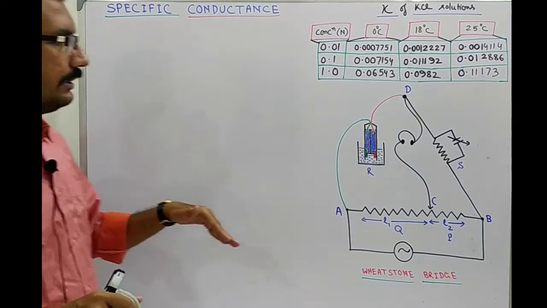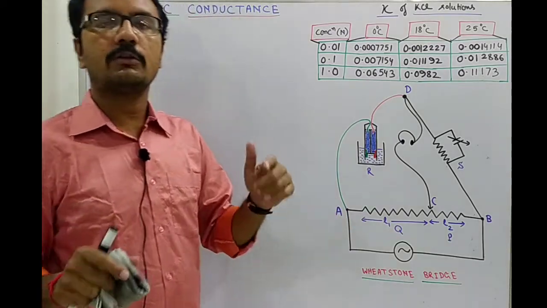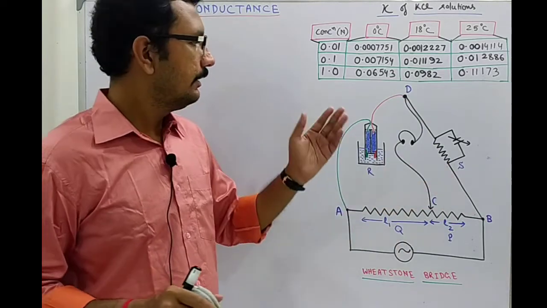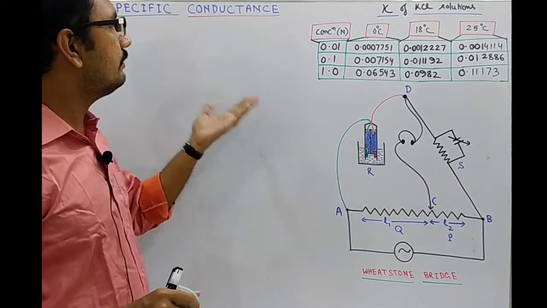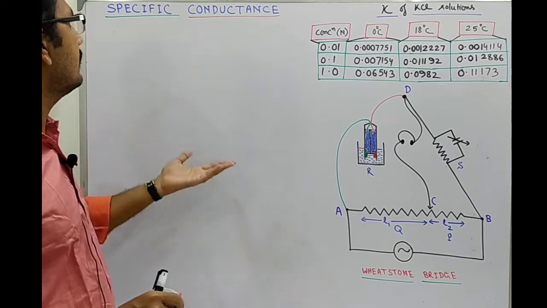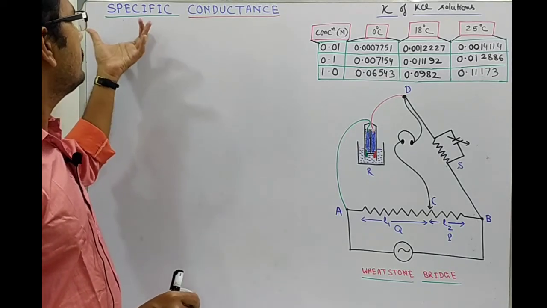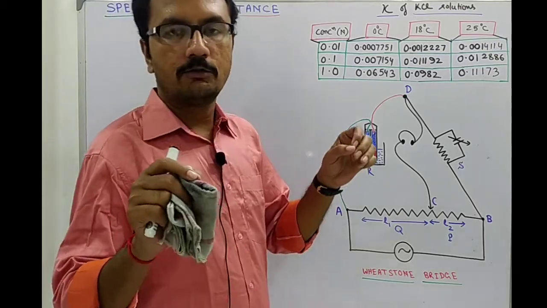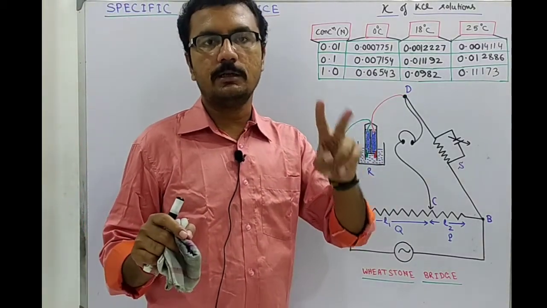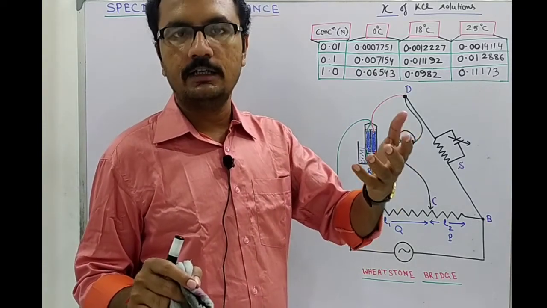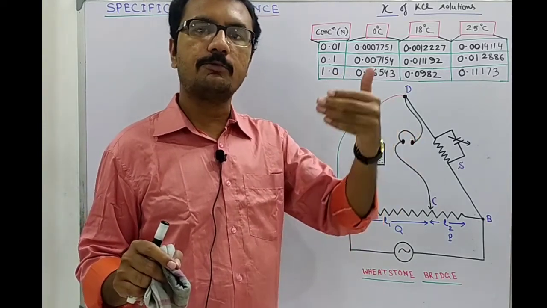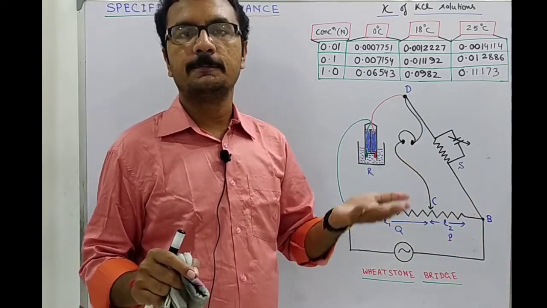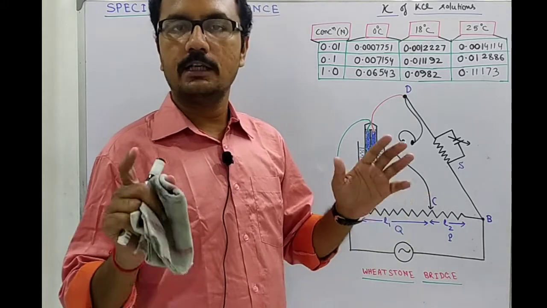I will show you how to measure conductance of an electrolytic solution, and with reference to that measurement I will also discuss in detail regarding specific conductance. So this lecture will consist of two topics. One is the measurement procedure of conductance and hence of specific conductance, and also I will deal with specific conductance in detail.